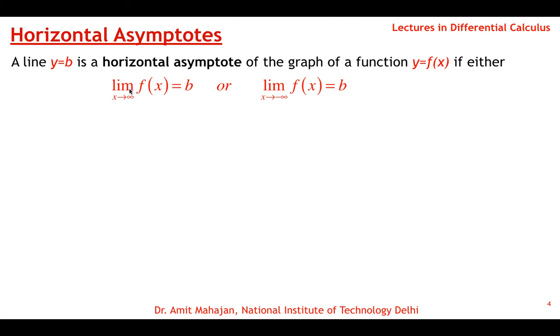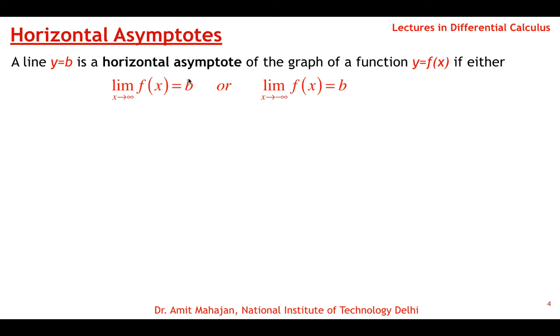The first statement is that the limit of the function when x grows to plus infinity is b. The second statement is that the limit of the function when x grows to negative infinity is b. If the limit at plus infinity or the limit at minus infinity is b, then y is equal to b is the horizontal asymptote on that end.